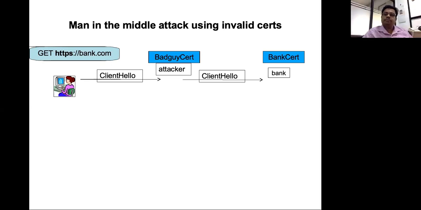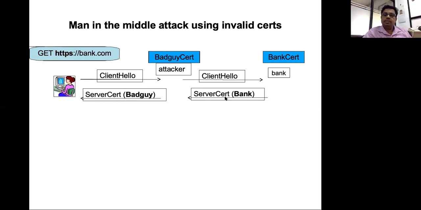So the bank responds using the SSL hello, and then the bank sends the public key of its server. Then what does the attacker do? The attacker keeps the public key certificate sent by the bank.